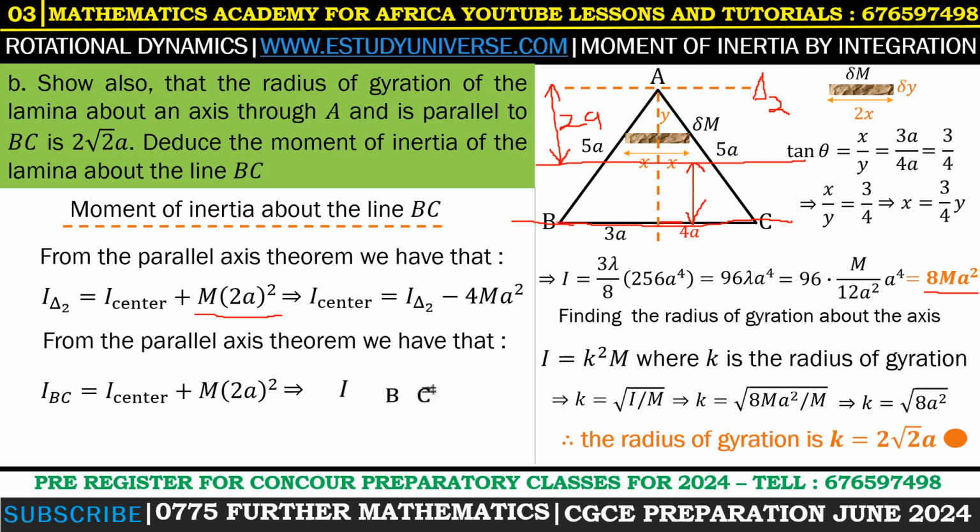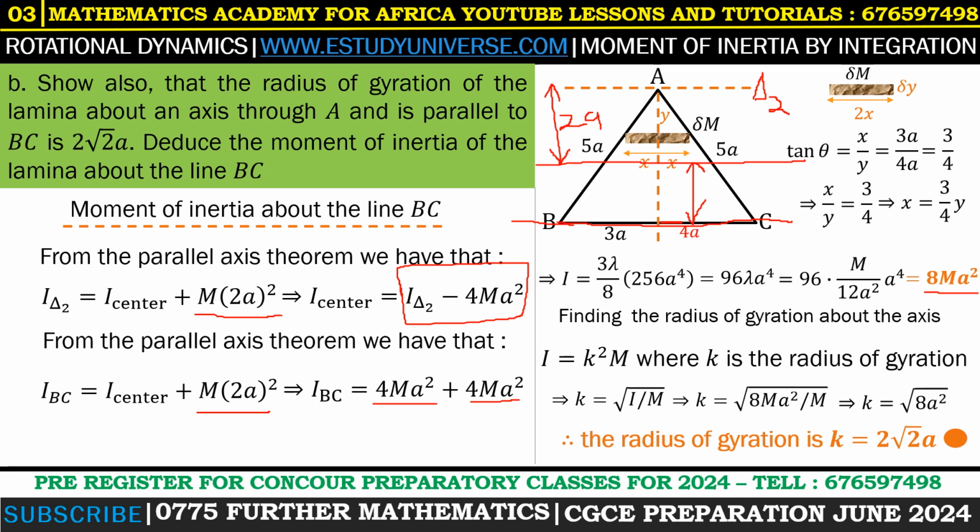Okay, so this will give us 4ma squared plus 4ma squared, because we replace I delta 2 with 8ma squared. When I take 8ma squared minus 4ma squared, I get 4ma squared about the center. Now, when we do this again, we still have 4ma squared. So at the end of the day, when we add, we get 8ma squared.